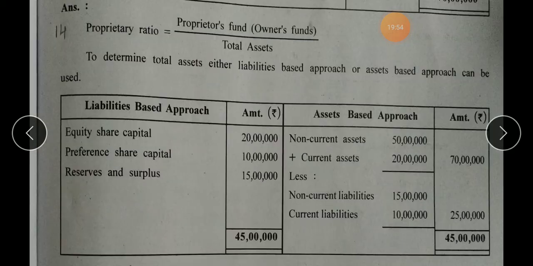Firstly, you will write down the formula. Proprietary ratio equals proprietor's fund, owner's fund, upon total assets. Yes?